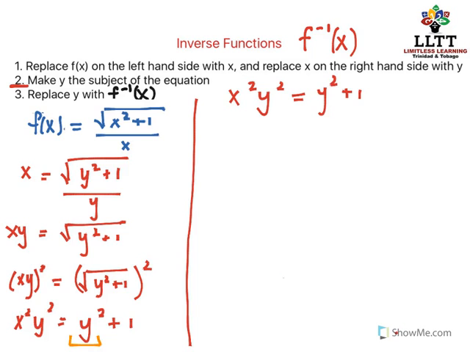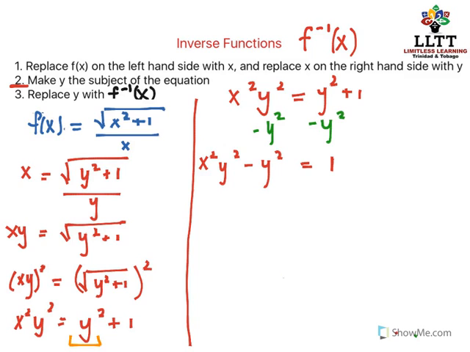So I want to not have that y term on my right-hand side, so I'm going to take it away. If I take away y squared from both sides, on my left-hand side I'm now going to have x squared y squared minus y squared is equal to y squared minus y squared is 0. 0 plus 1 is 1.